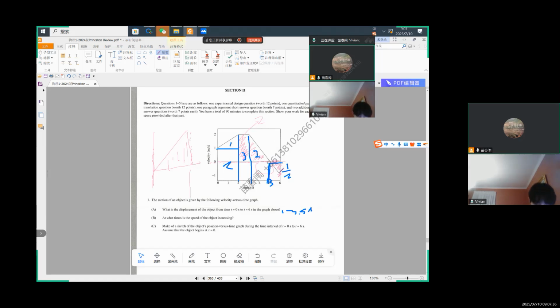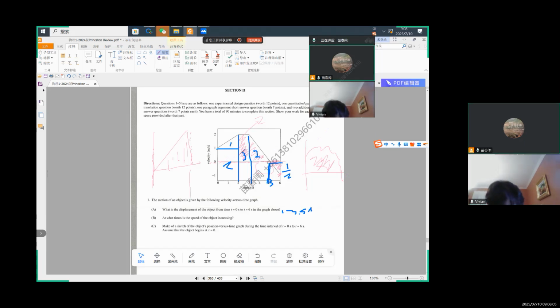Everything else, as long as the graph is above the x-axis, it's always positive, right? But as long as you go below the x-axis, it's negative displacement. So you should add all this.